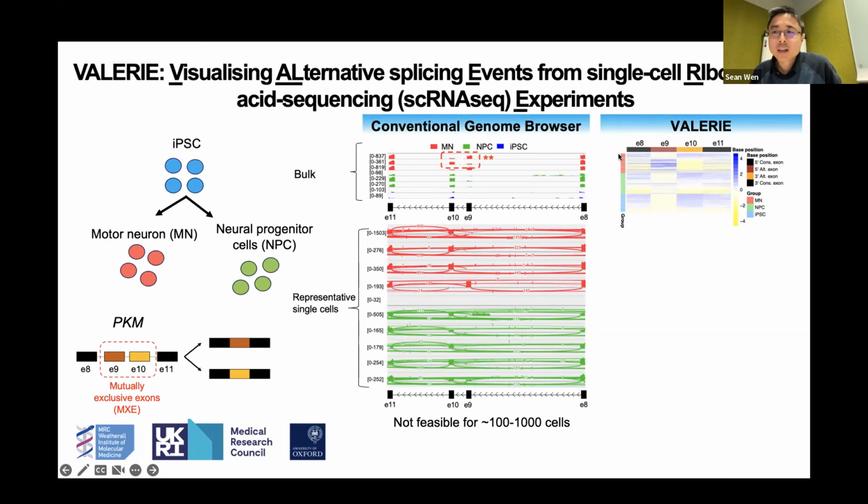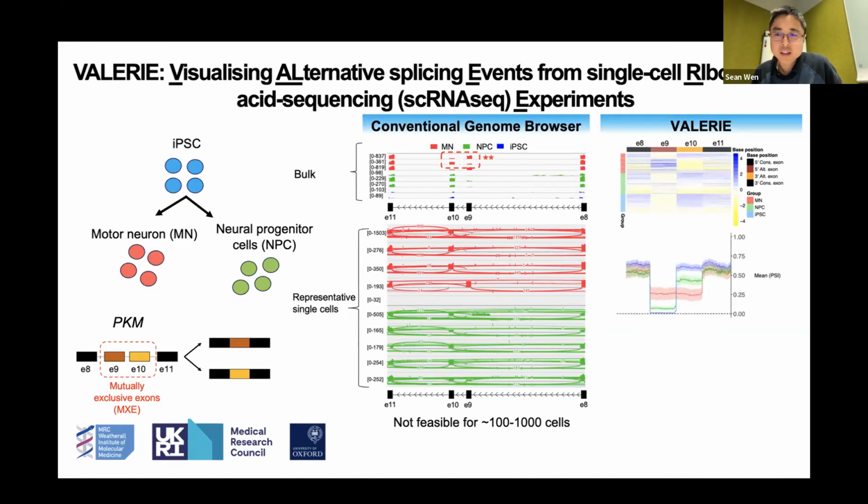So you can see broadly that for the red cell group, exon 9 and exon 10 are expressed. The same for the green cell group, whereas for the blue cell group, exon 9 is not expressed at all, but exon 10 is.